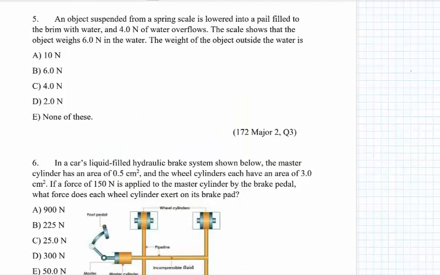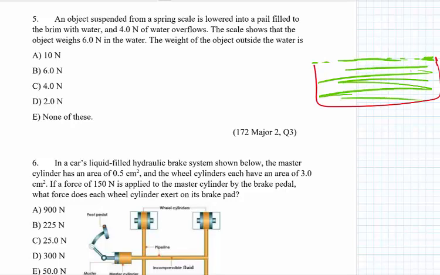An object suspended from a spring scale is lowered into a pail filled to the brim with water. So there is a pail filled to the top with water, and 4 Newton of water overflows.